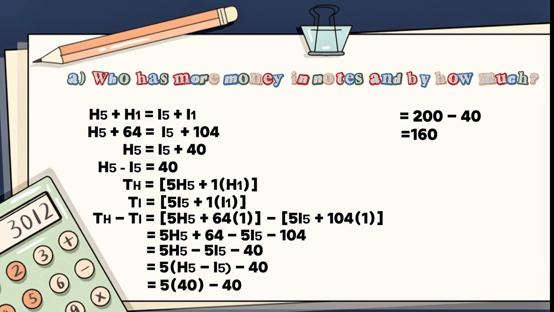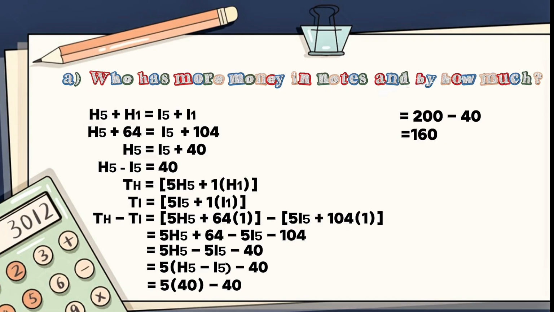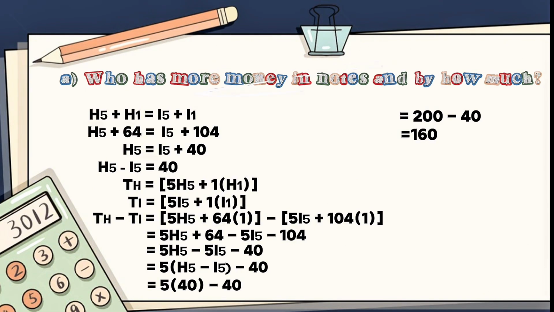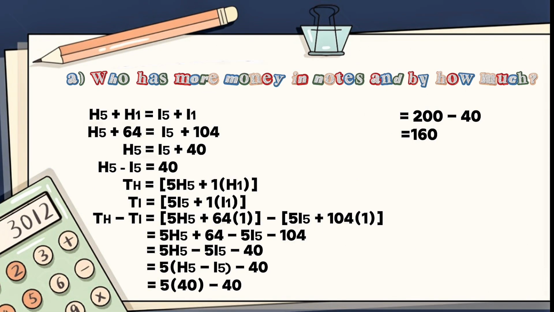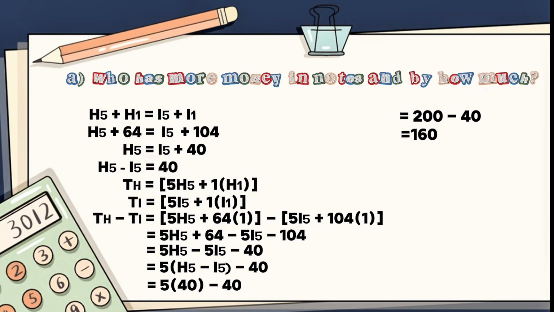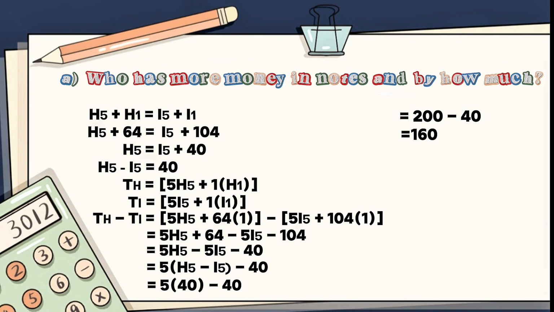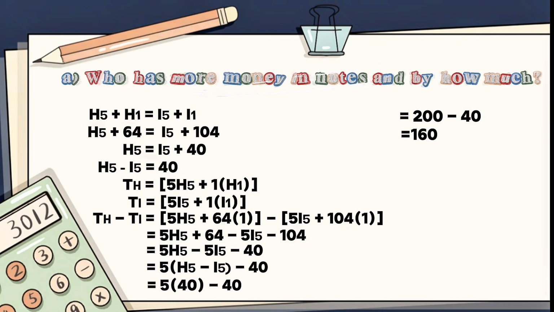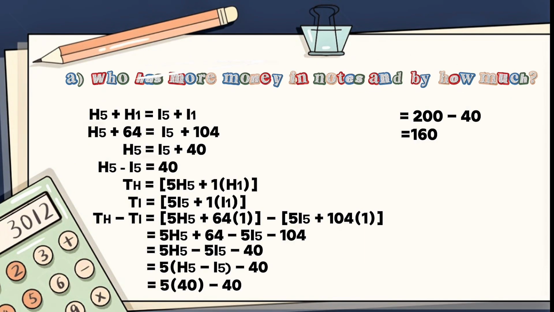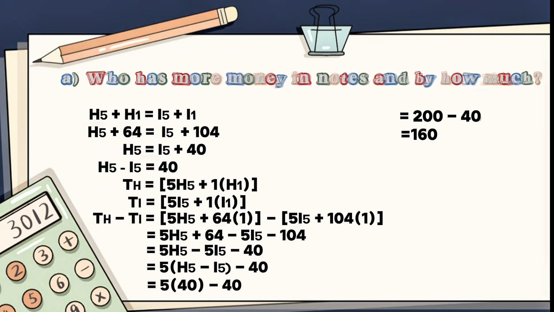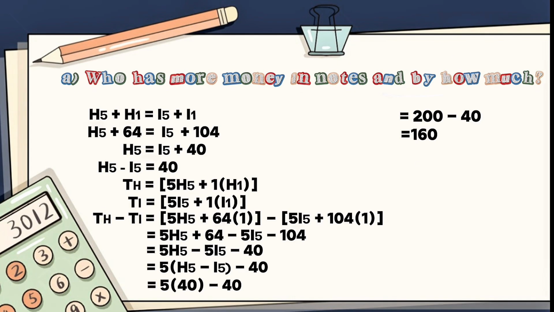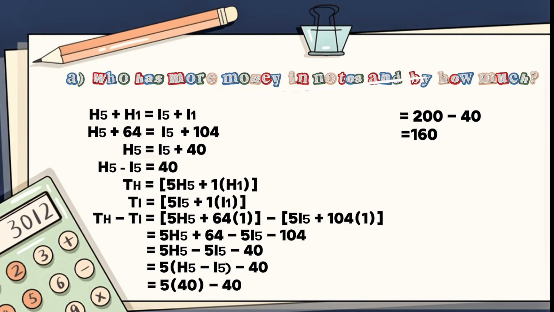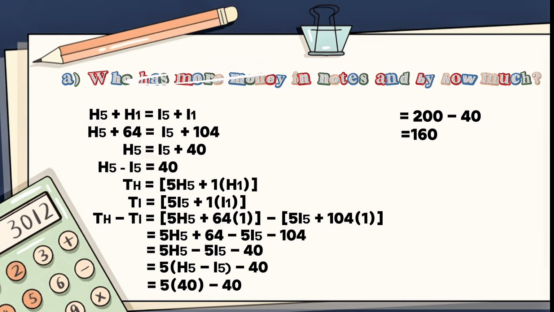Step 2: calculating their total money. Now, we find their total amount of money. For Halim, TH equals 5H5 plus H1. For Ina, TI equals 5I5 plus I1. To compare their money, we take the difference.